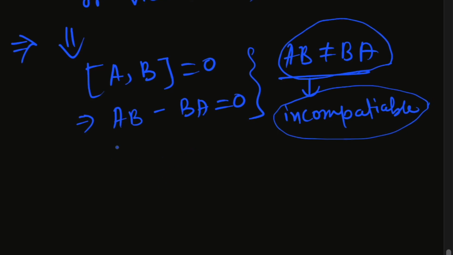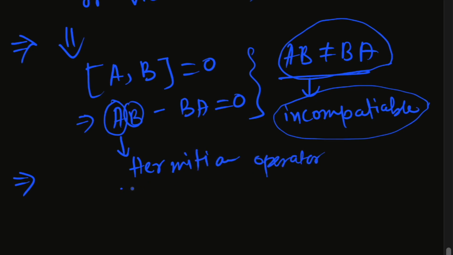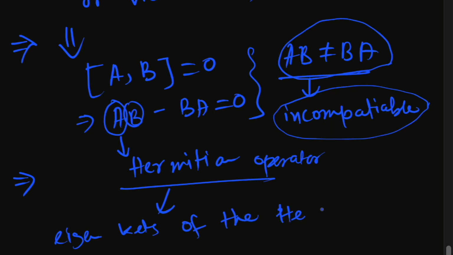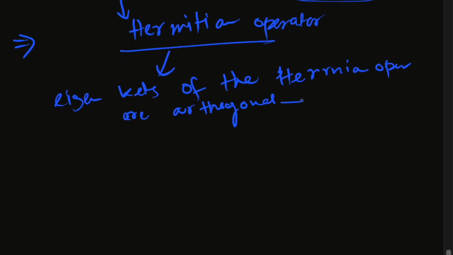Now we're going to ask a question. Since A and B are observables, these are Hermitian operators. And we know the eigenkets of a Hermitian operator are orthogonal, and we can make the eigenkets orthonormal also.